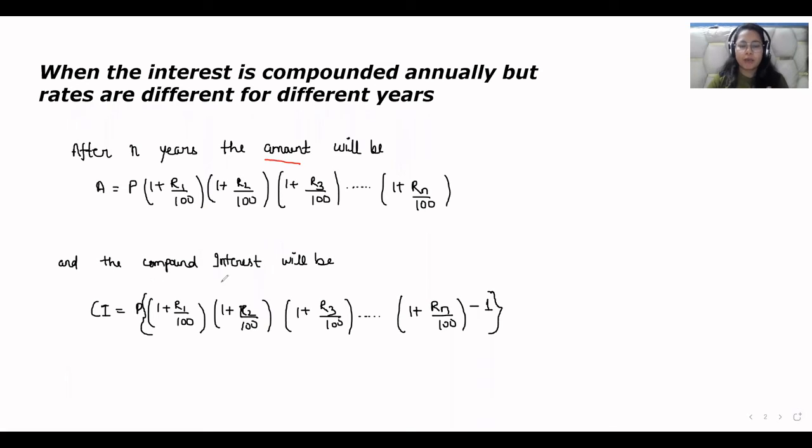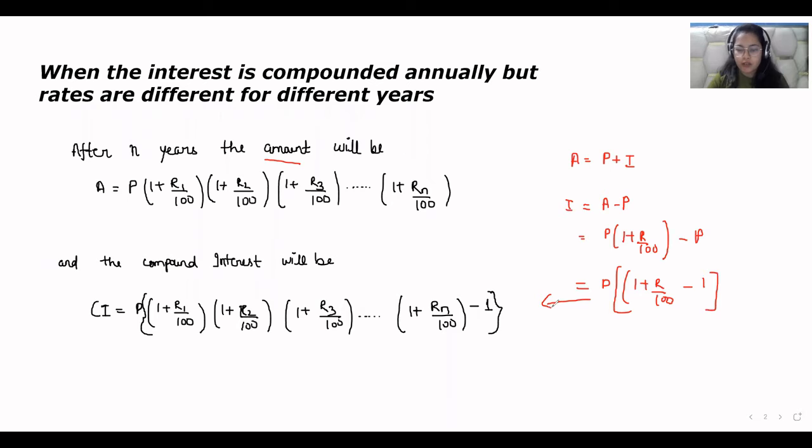And if you have to find the compound interest, compound interest is equal to amount minus principal. Our amount formula is P times (1 plus R over 100), minus P. If we take P as common, the formula becomes P times ((1 plus R over 100) minus 1).